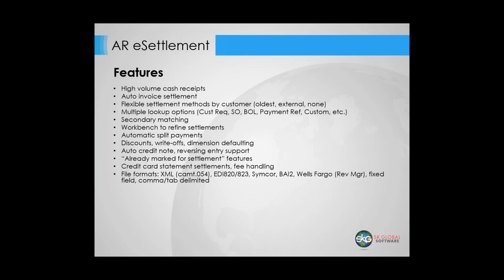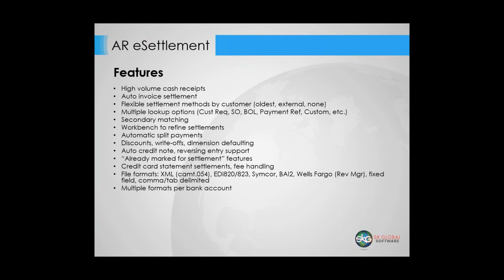Wells Fargo in the U.S. has a new Receivables Manager function that can bring in all kinds of payments, not just lockboxes, for North America. And again, fixed field or any kind of common delimited. All of this, those common delimited, tab or fixed field, is completely configurable within the module. No programming required, simply a screen that you can designate, no XSLT transforms that are required generally in AX to bring in external files.